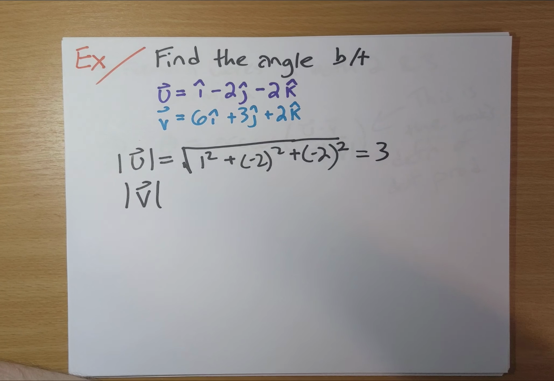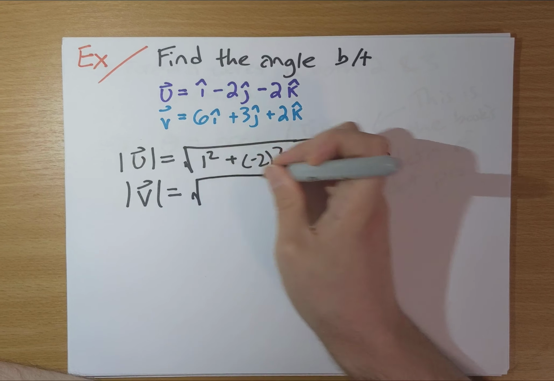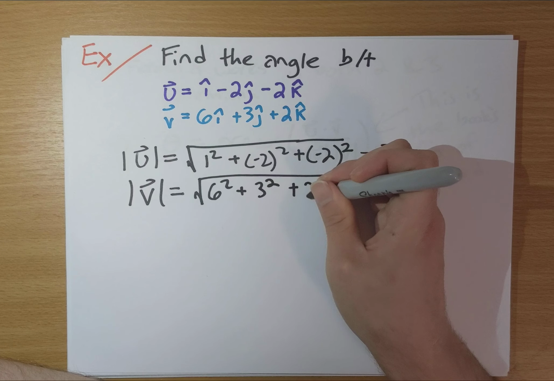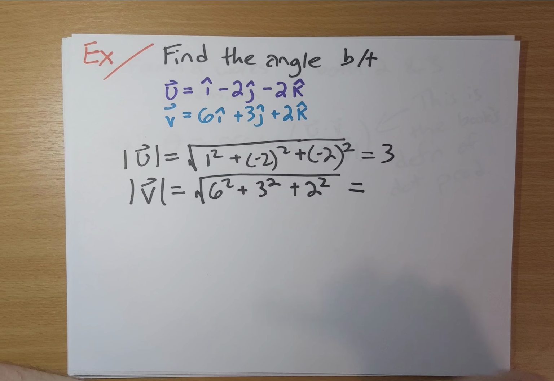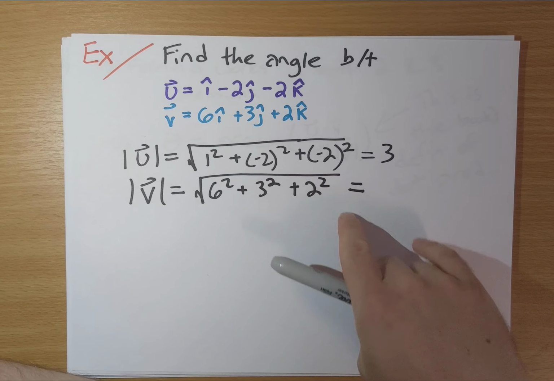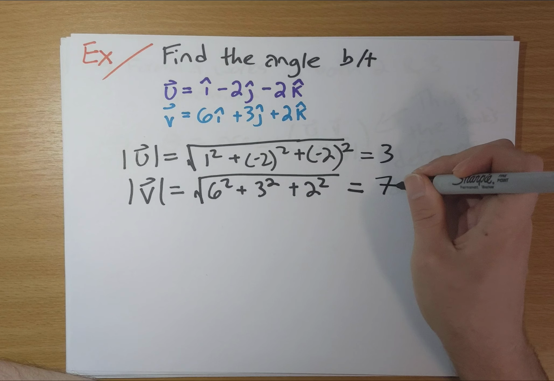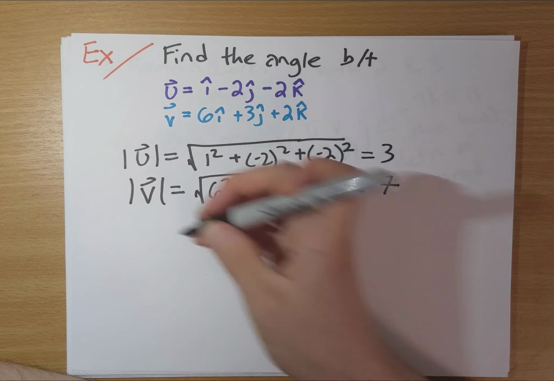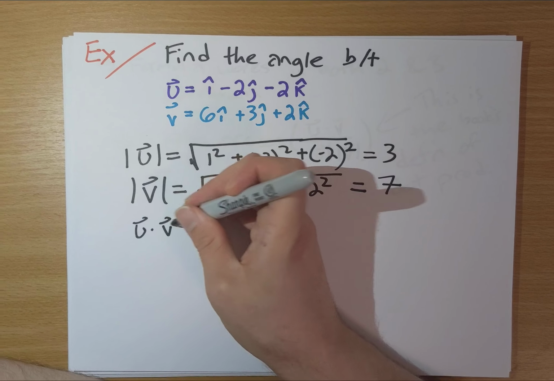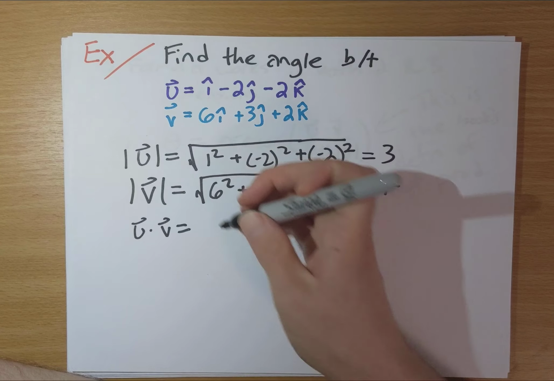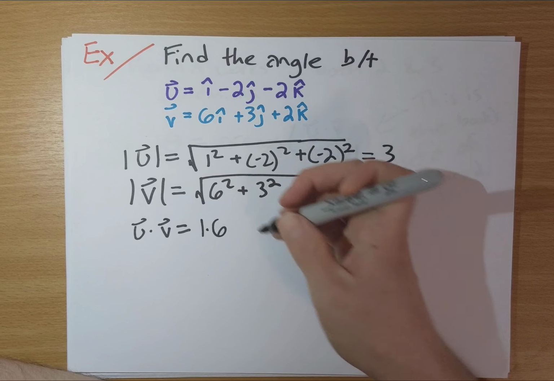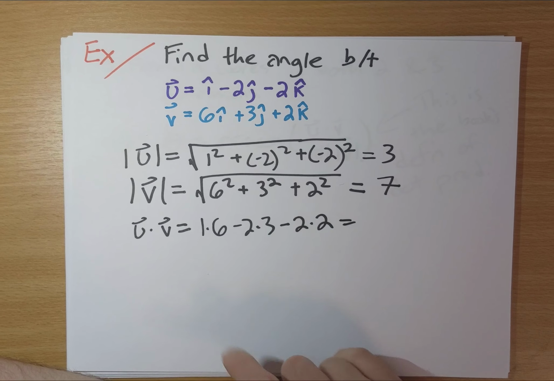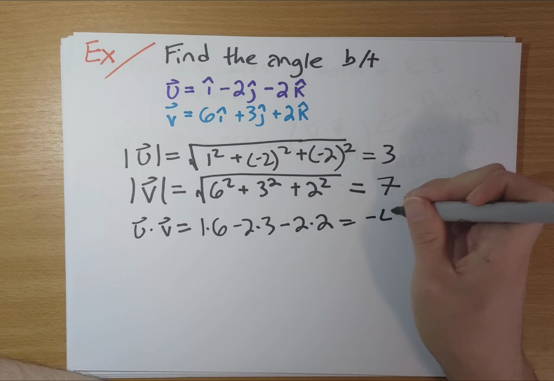The magnitude of v here, we'd have 6 squared plus 3 squared plus 2 squared for our calculation. This is going to be 49 under the square root, so 7 after we take the square root. Finally, we need u dot v, so that would be 1 times 6 minus 2 times 3 minus 2 times 2, and we're just left with negative 4.